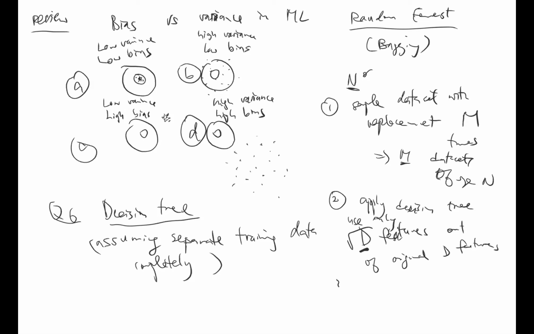Eventually we will have M models, and we just take the average. When we do evaluation, we use all these M models and take a majority vote to decide.